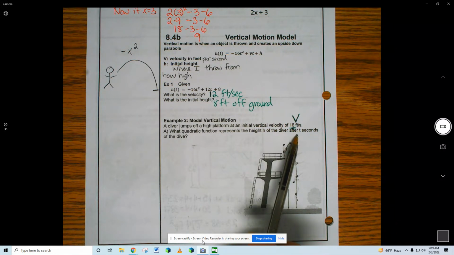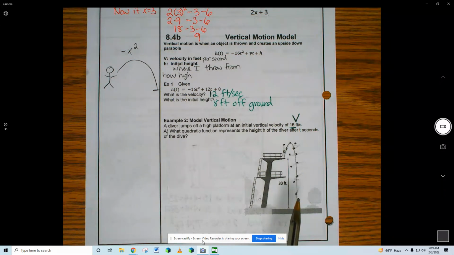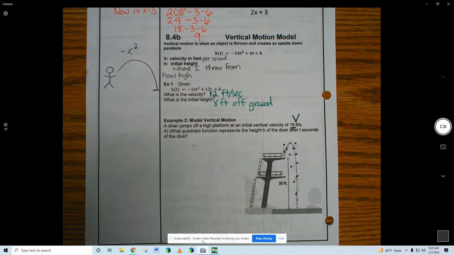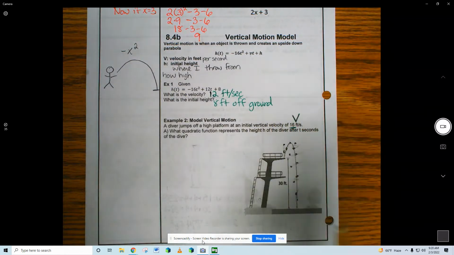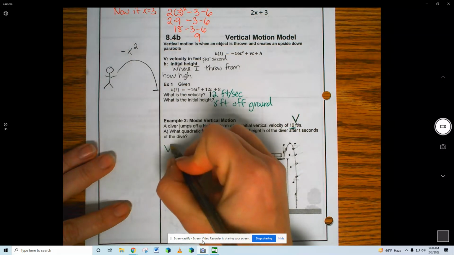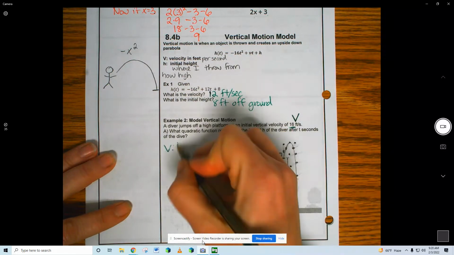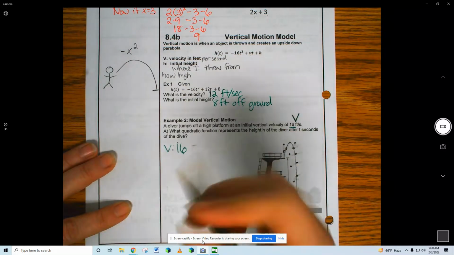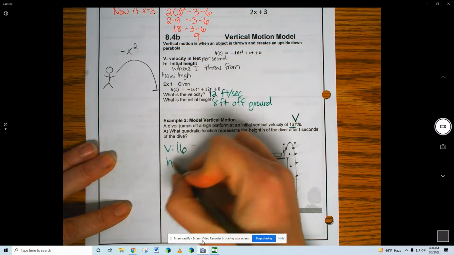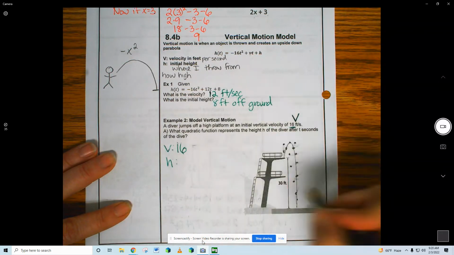So we don't know how long it took the diver. But look at the picture. How high off the ground was the diver? 30 feet. So my V is 16. My H at the end is 30.